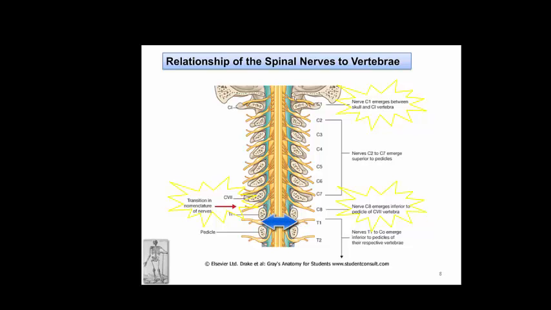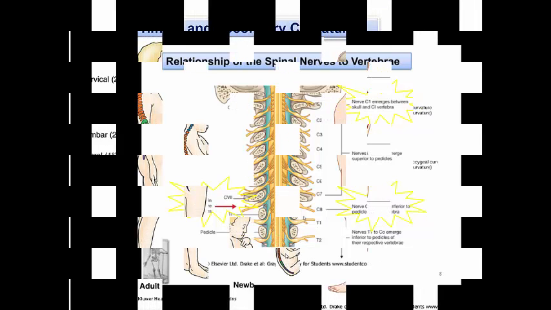So instead of emerging above the vertebra, like C1, 2, 3, 4, 5, 6, 7, C8 is going to emerge above the T1 vertebra, but below the C7, and then the T1 nerve is going to emerge below the T1 vertebra, T2 is going to emerge below T2, T3 below T3, and so on and so forth for the rest of the extent of the spinal cord.